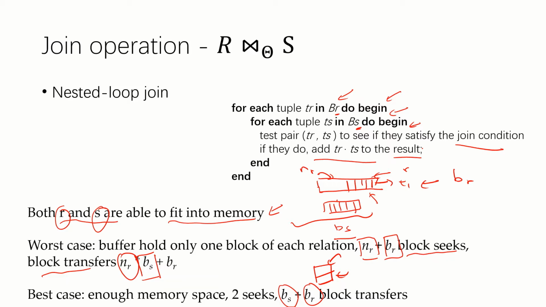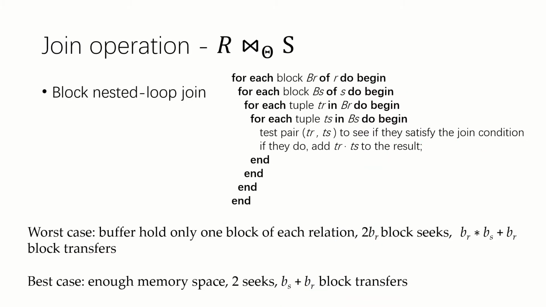so-called algorithm that gives us a better performance, which is the block nested loop join. So in the block nested loop join, what happens is that instead of doing the join tuple by tuple, we are going to do it block by block, and then followed by tuple by tuple.